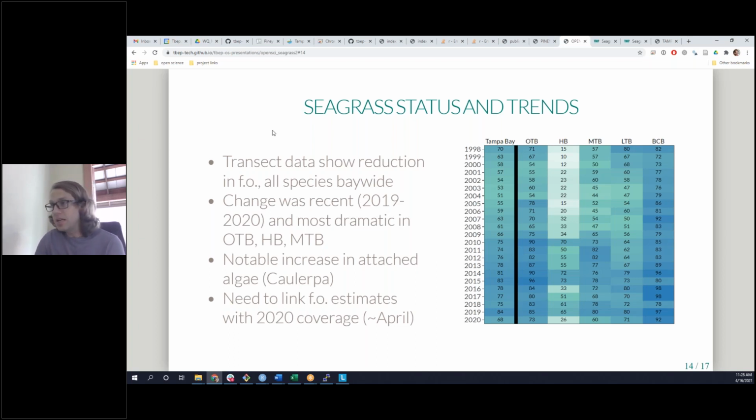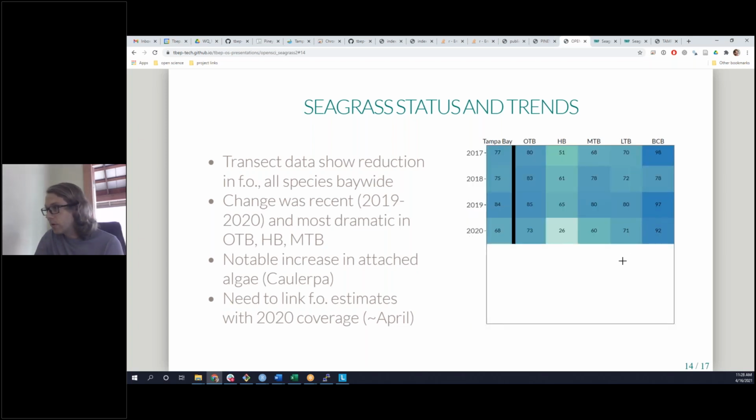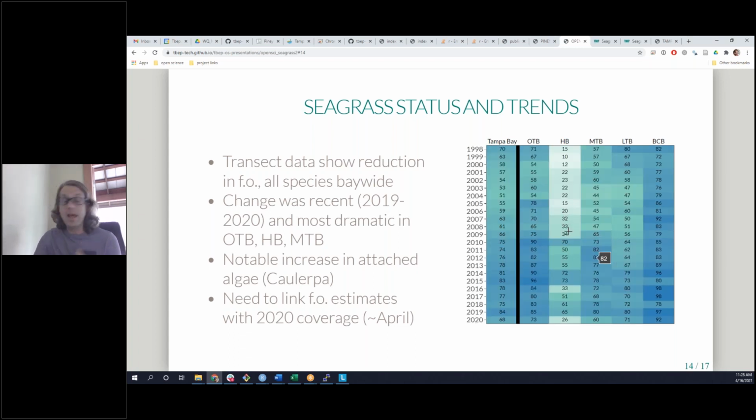So what's interesting, if you look at the changes from 2019 to 2020, we see a reduction in frequency occurrence overall, which is interesting for Tampa Bay, particularly in Old Tampa Bay and Hillsborough Bay, and that does reflect what we were seeing in the coverage maps that Chris was showing earlier. So it's nice when we have these different lines of evidence, these different data sets showing us the same thing. And this increase in Clearwater is something that might be an interesting research avenue to pursue.